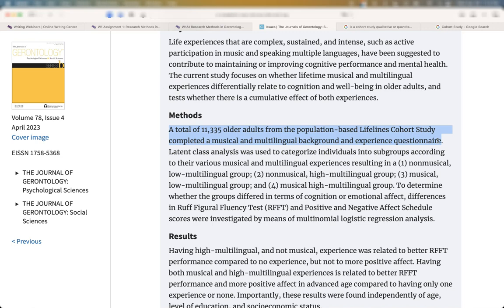It deals with things that can be counted. It is a population-based cohort study, and we can see that the study was using a questionnaire to gather the information, as opposed to using interviews or observation or something else like that.